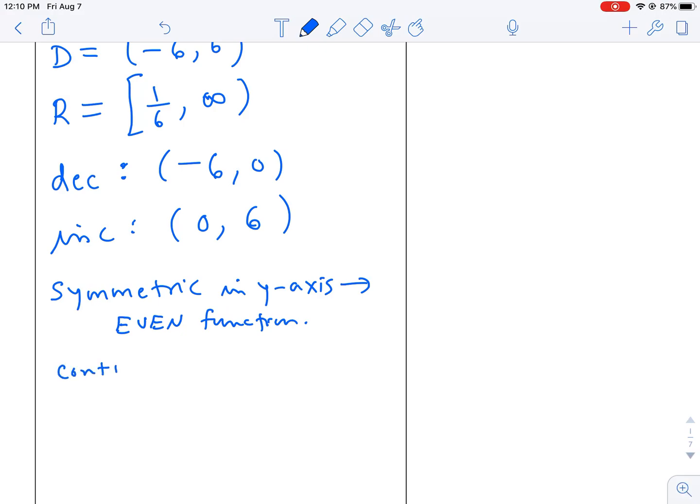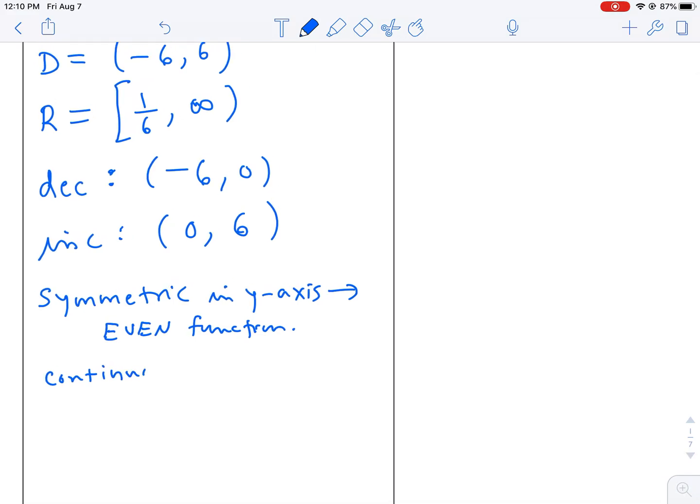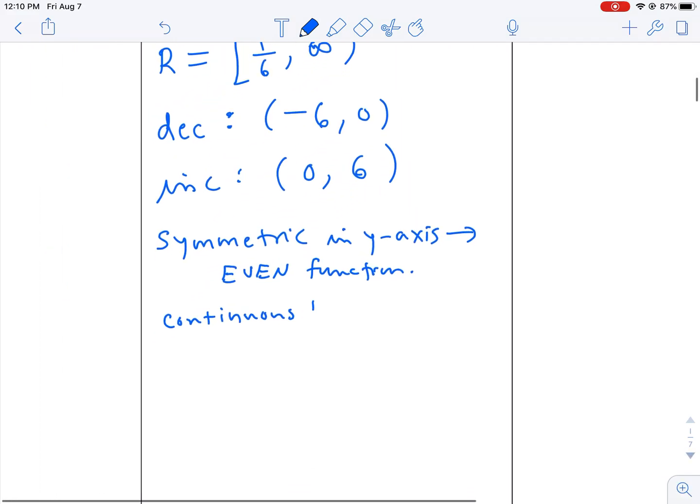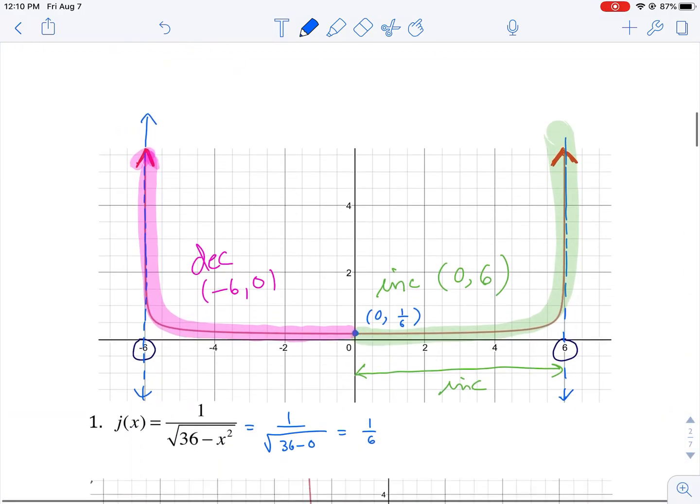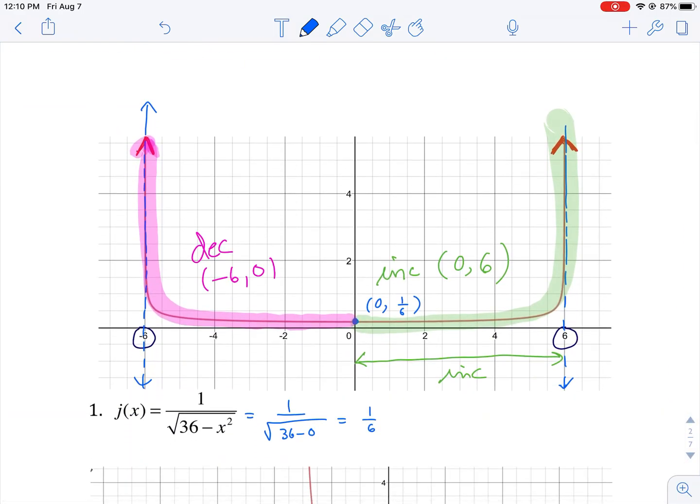Yes, it is. There are no breaks. Is it a one-to-one function? No. It fails the horizontal line test. How do we show that? Take a horizontal line here, we cut it in 2 spots. So it's not one-to-one.